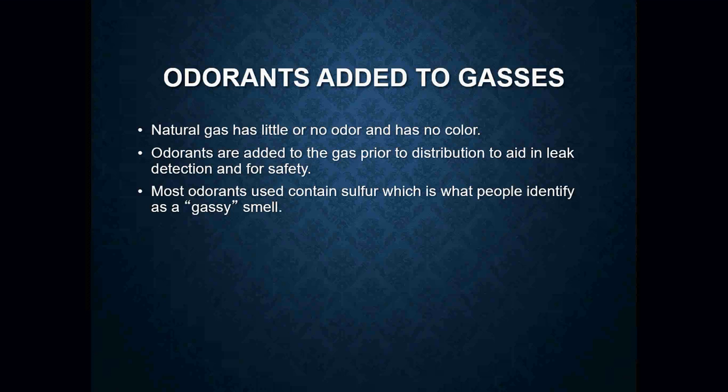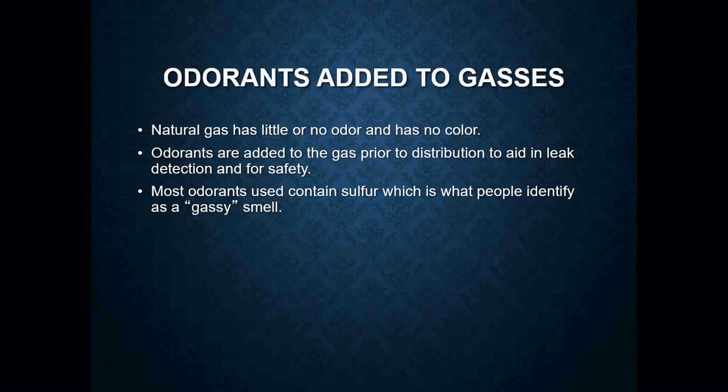However, one thing we have to understand is that when natural gas comes out of the ground, it's odorless. There's no color. So what makes natural gas smell? Those who have smelled natural gas know it has a rotten egg smell. That smell is actually sulfur.